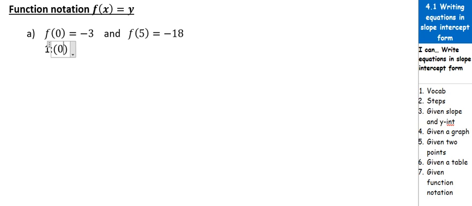Zero comma negative 3. X, y. My other point, point 2. 5, negative 18.